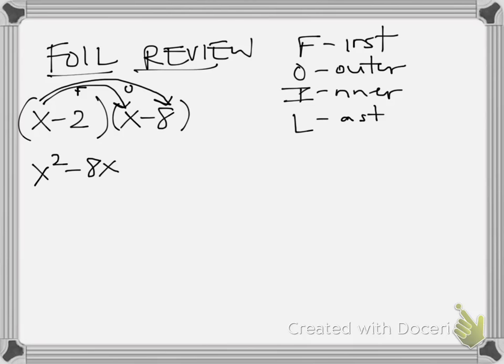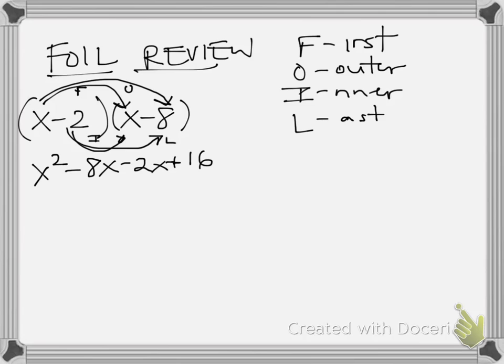Then you multiply your inside terms. That's where your I comes from. Negative 2 times x is negative 2x. Then you multiply your last terms. That's where your L comes from. Negative 2 times negative 8 is positive 16.